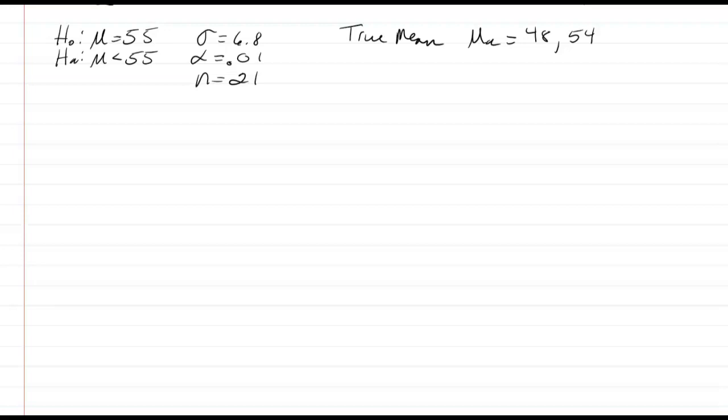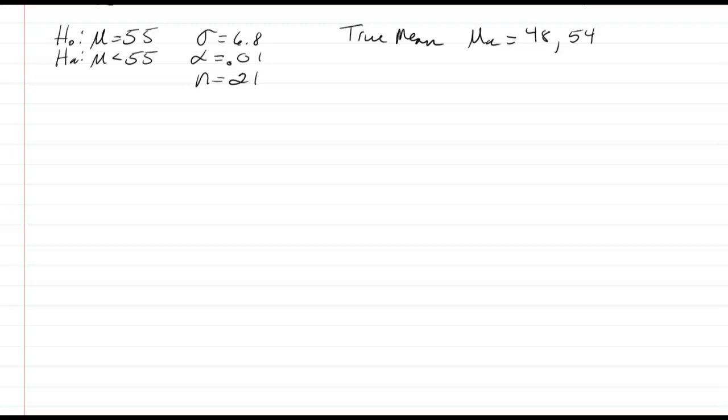And what I want to do is I want to calculate two different betas. Now, when you do these problems in MATLAB or sample problems anywhere else, you might calculate 3 or 4 different betas depending on 3 or 4 different true means. But hopefully you'll get to see that once you do one of them, the subsequent ones become much easier.